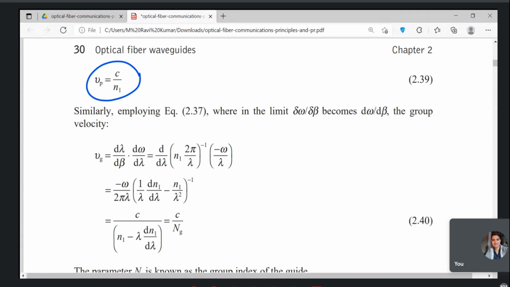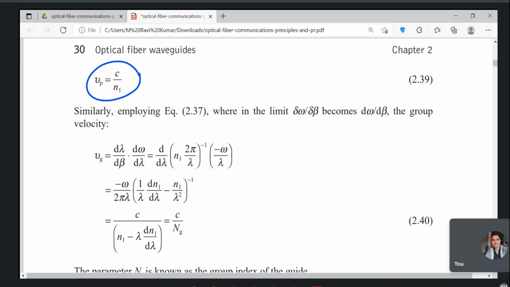So the phase velocity represents the velocity at which a light ray would propagate in the fiber. Clear? So this would be possible when the light ray has a single frequency.